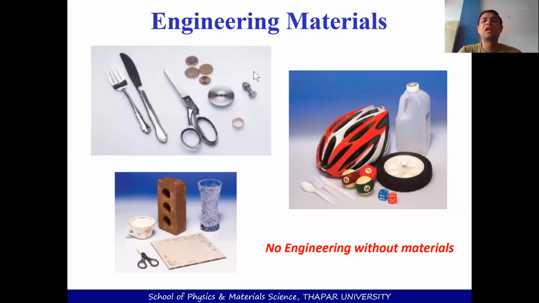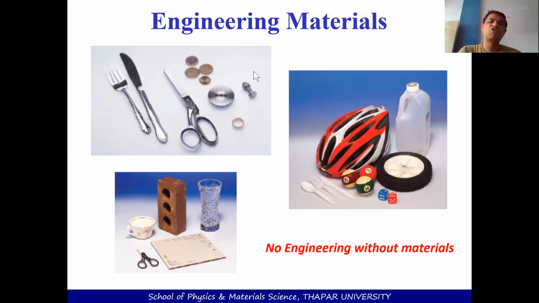For example, for an electronics engineer, an IC or a chip is the most important material. Compared to that, if you are a civil engineer, you may be most interested in concrete or maybe steel. Likewise, if you are a mechanical engineer, your major interest might be in the materials that go into the making of, say, an automobile engine, and so on and so forth.